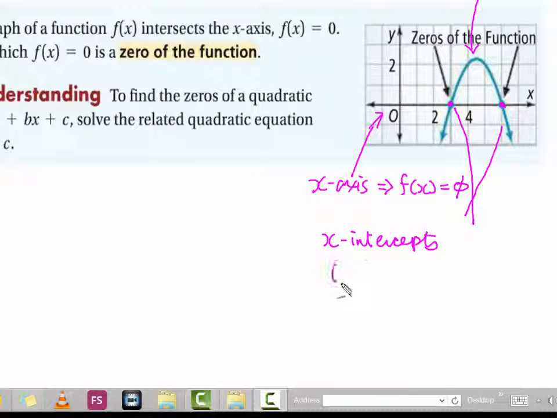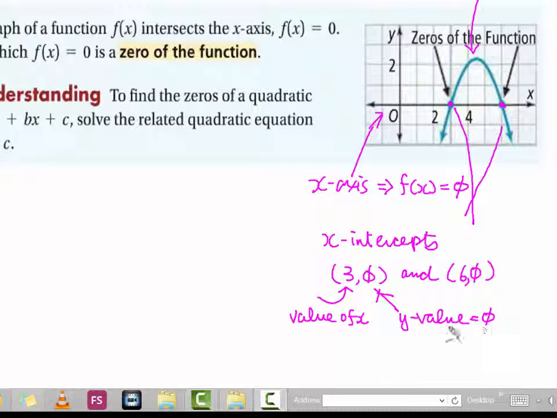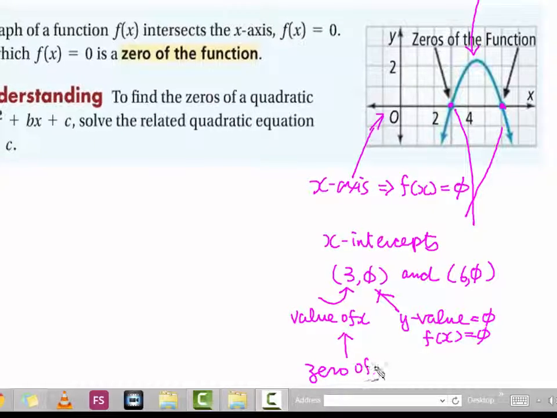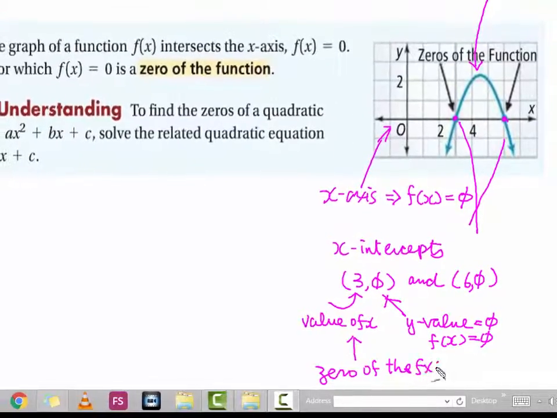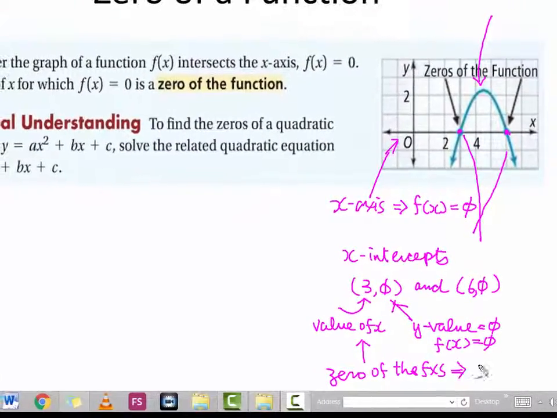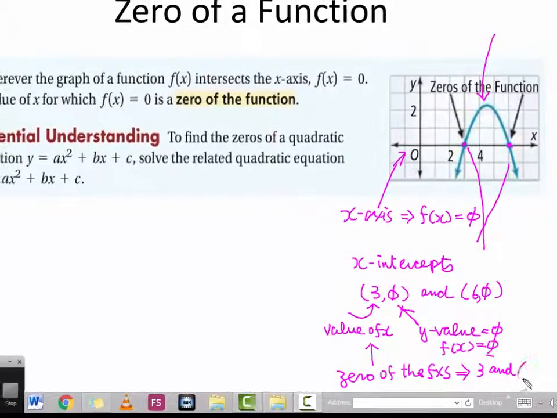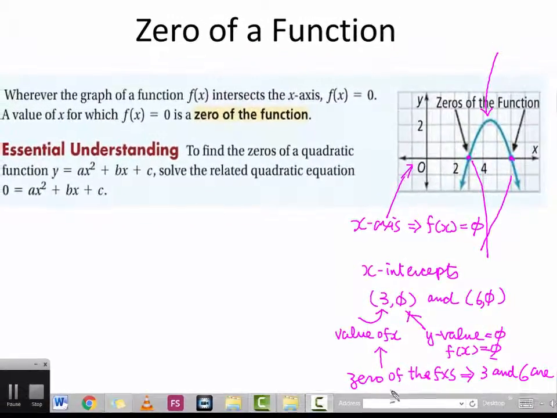In this case, they are (3, 0) and (6, 0). Here are the values of x which will give you a y value equal to 0, or f of x equal to 0. We call this value of x the zero of the function. So in this case, 3 and 6 are the zeros.